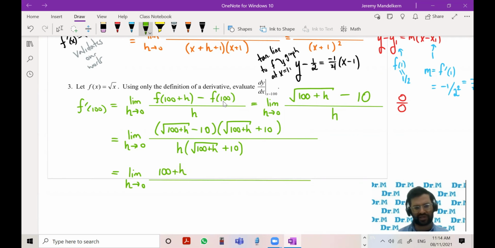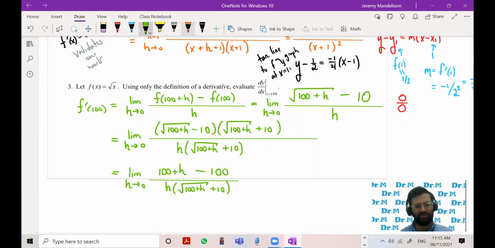Outside and inside products are just opposites of each other: plus or minus 10 times this messy root. And the last product is minus 100. It looks like I didn't need such a big fraction bar, so here we can go ahead and make that a little nicer. There we go. And in the bottom, we have h times that conjugate factor again, so root of 100 plus h, plus 10.